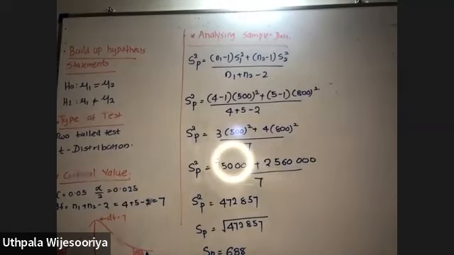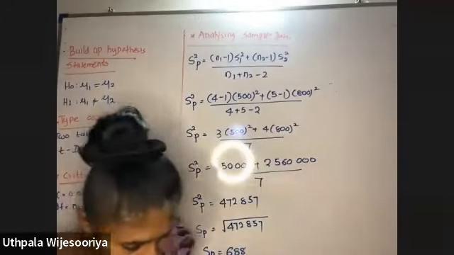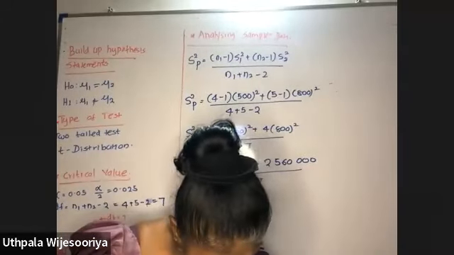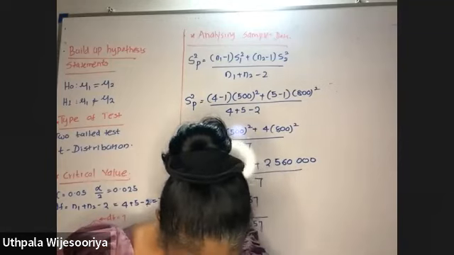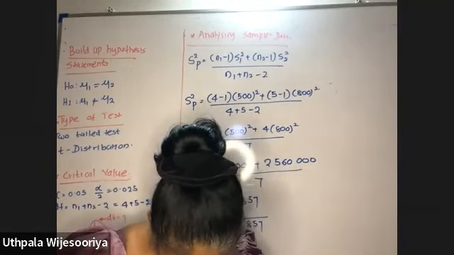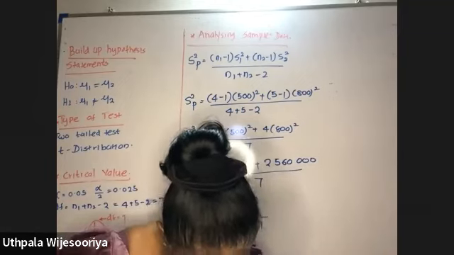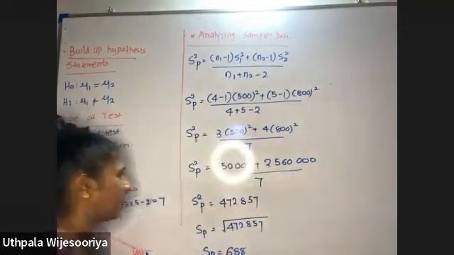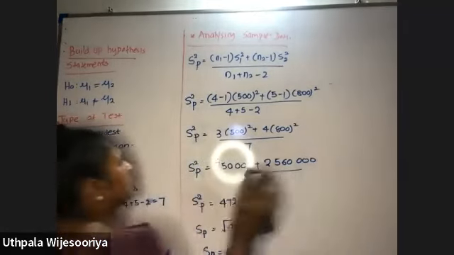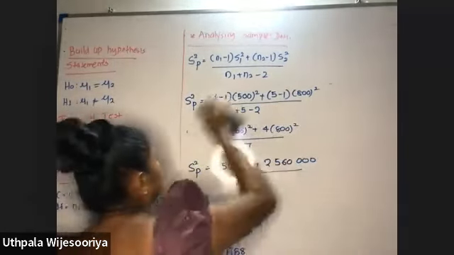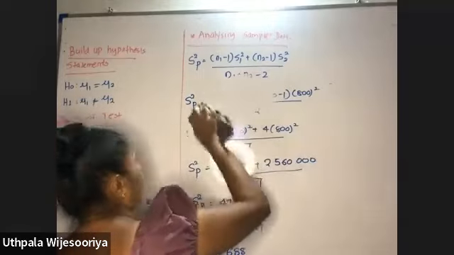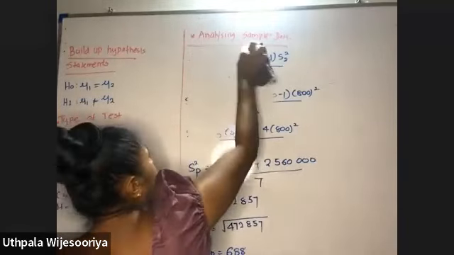Next we go to the t table value. T value. This is 688.